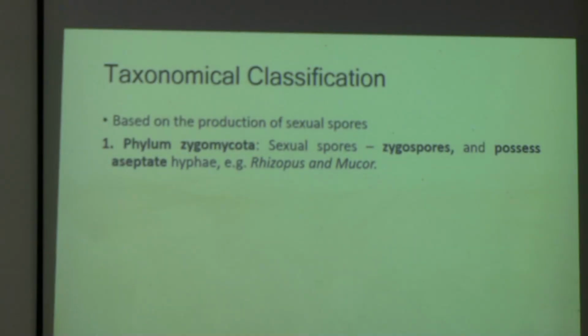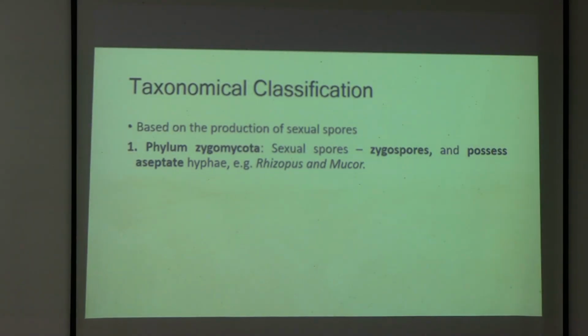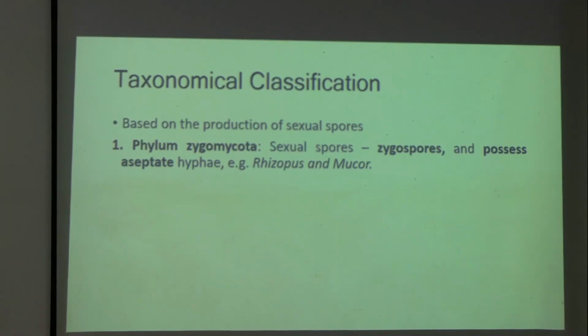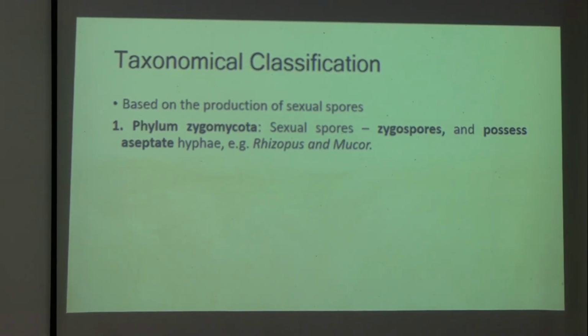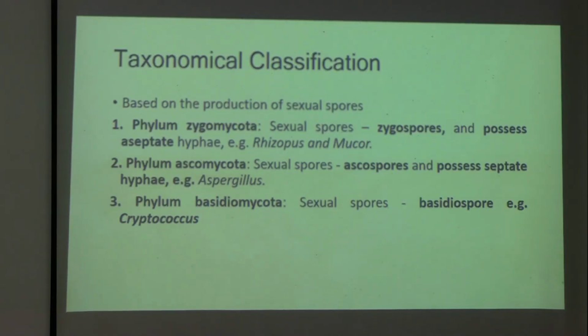Then on taxonomy, how do we classify them? One is phylum Zygomycota. Examples are Rhizopus and Mucor. They possess zygospores and aseptate hyphae. You have to know all these classifications. Next is phylum Ascomycota. They have septate hyphae and ascospores. Example is Aspergillus. Then you have phylum Basidiomycota.